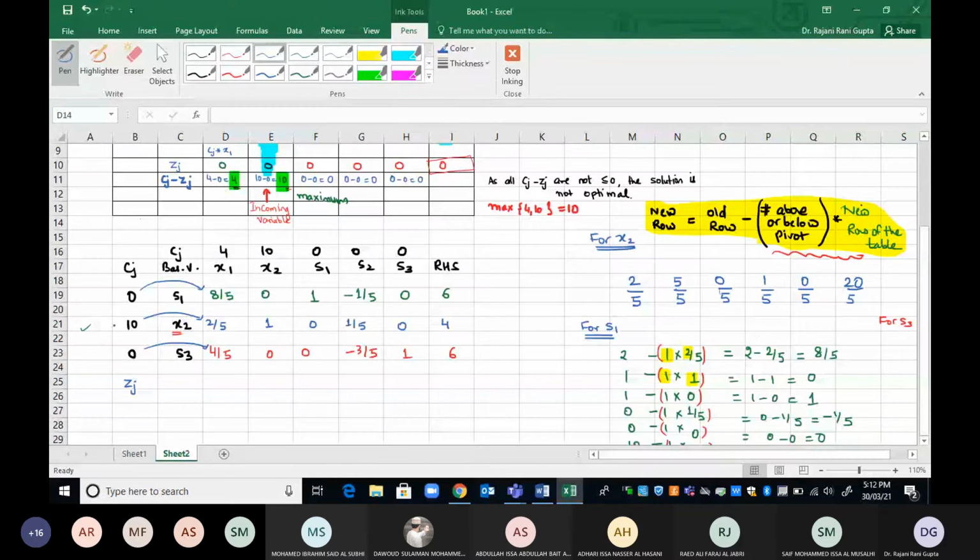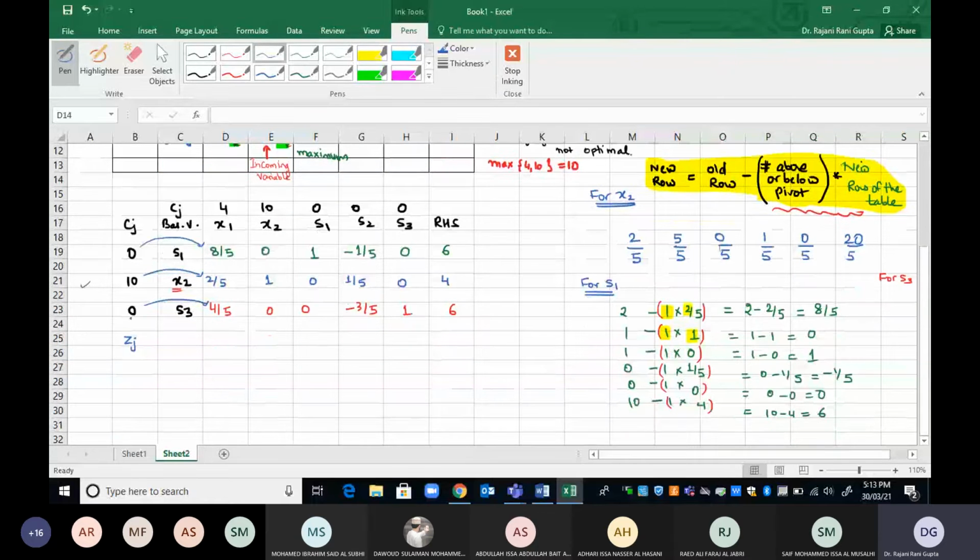Basically the 0 and 0 are not going to contribute, so it is 10 multiply 2 over 5, 10 multiply 1, 10 multiply 0, because all those other terms will become 0.